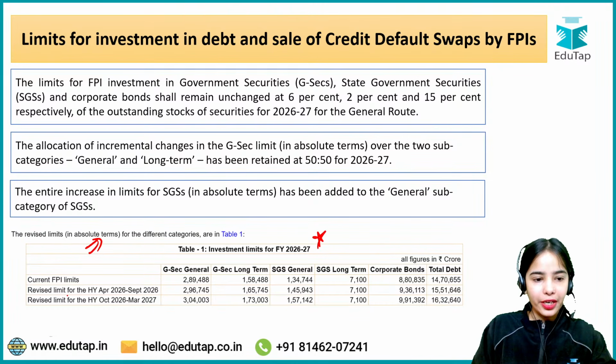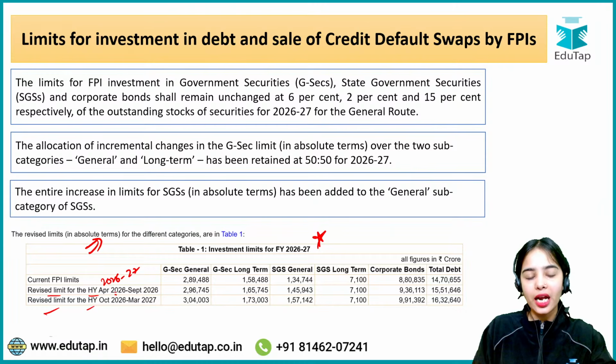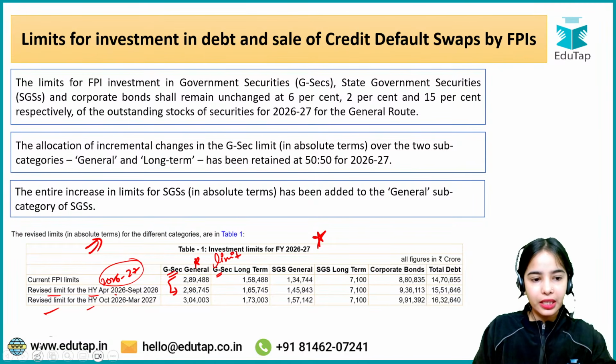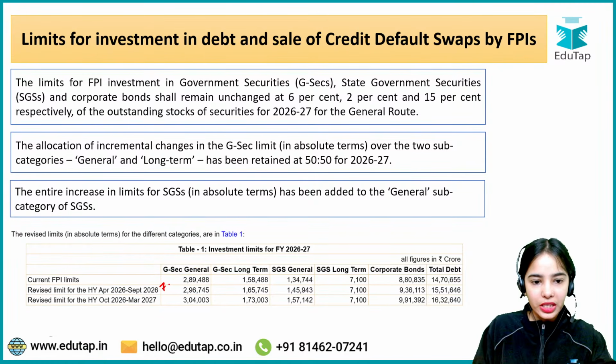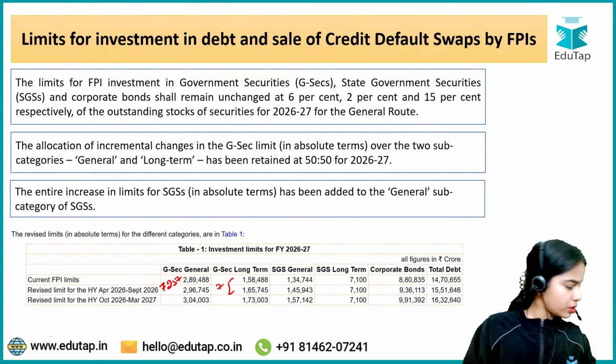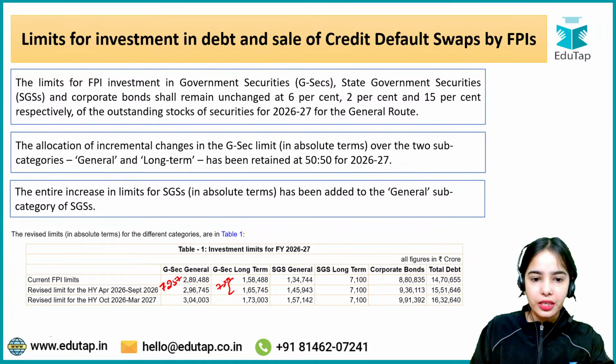Okay, that you can see the revised limit for the first half of the 2026-27 financial year, and the revised limit for the second half of the 2026-27 financial year. Here you can see that in the government securities, whatever is the limit, 50% is for the general investors, like the increase that is happening in the government securities, that is by 7,257, I guess here, and 7,257 here.